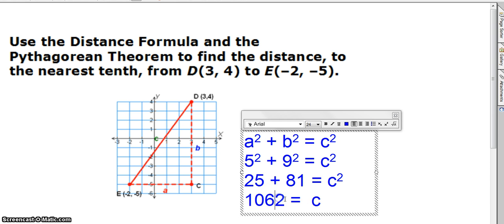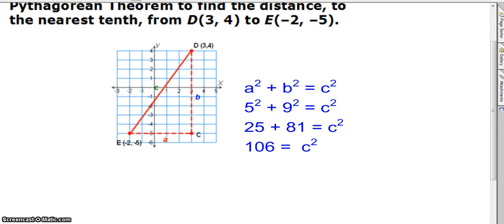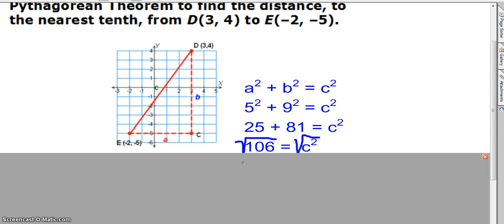Okay, now we'll take the square root of both sides to find c, and you can approximate the value. The square root of 106 is just a little bit more than the square root of 100, so probably about 10.1.